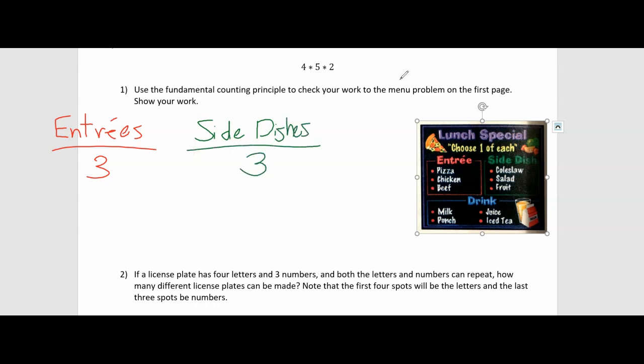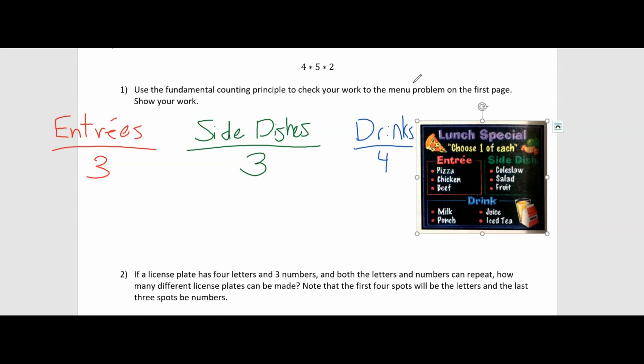There are 3 options there. And our third event would be our drinks. And remember, an event is just a set of possible outcomes, right? So we can consider entrees an event, right? There's 3 different outcomes for entrees. There's pizza, chicken, or beef. For side dishes, there's also 3 possible outcomes.